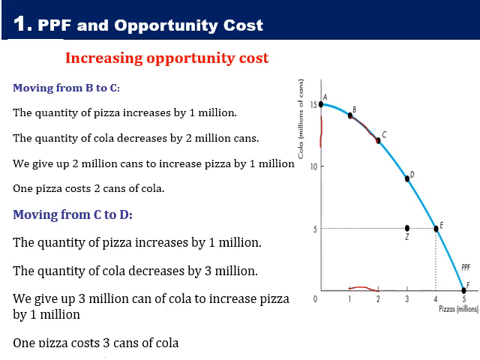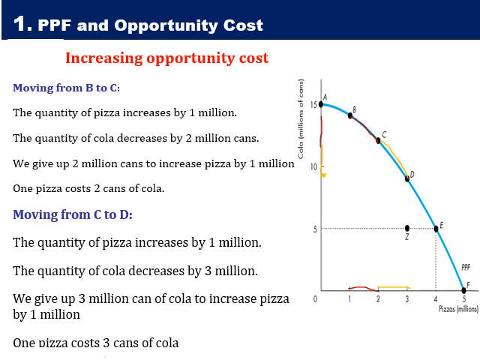Now, if we move from point C to D on the curve, then the quantity of pizza increases from 2 million to 3 million, and at the same time, the quantity of cola will decrease from 12 million to 9 million, which means that the cola decreased by 3 million.